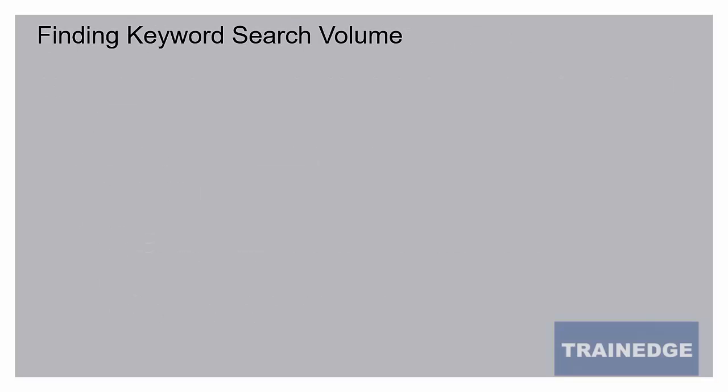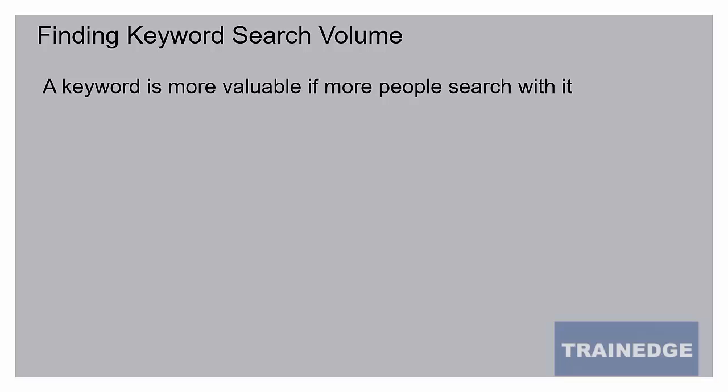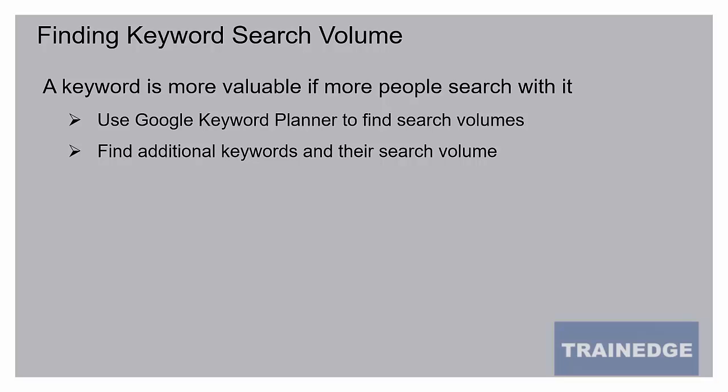Let us see how we can find keyword search volume so we can categorize the keywords. Normally, a keyword is more valuable if more people are searching for it, because if you target that keyword and rank high for it, you'll be able to capture big traffic. We can use Google Keyword Planner to find search volumes.